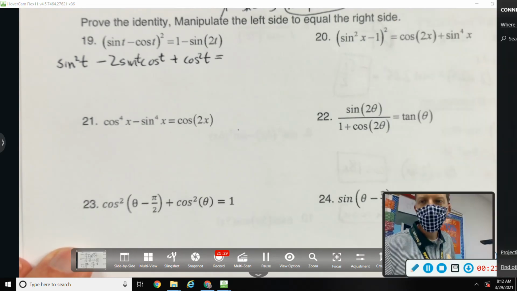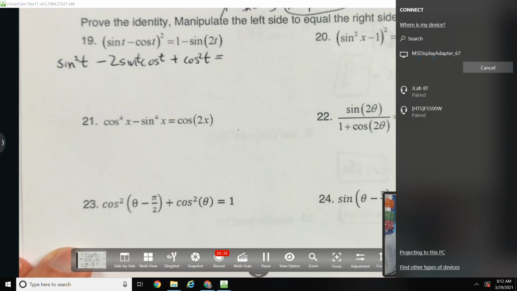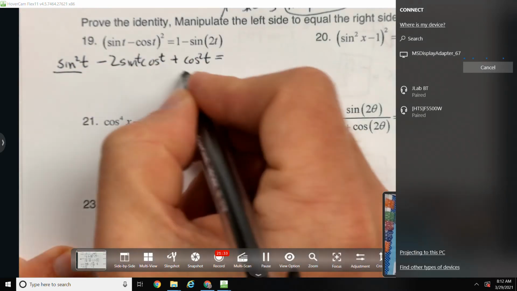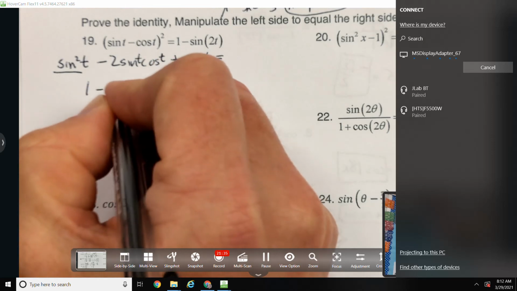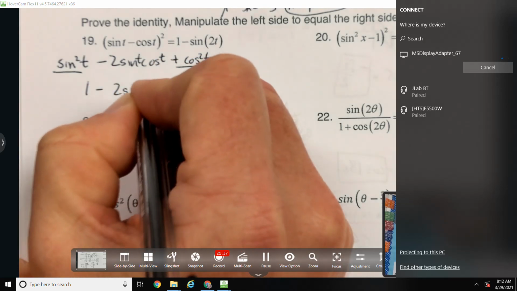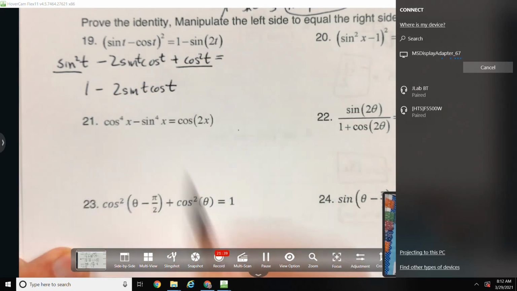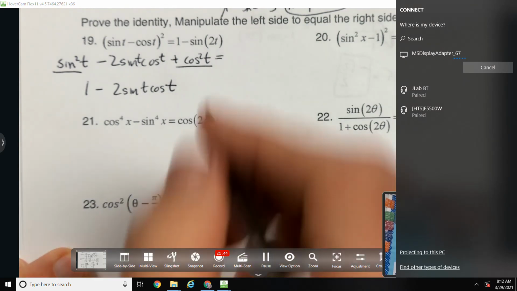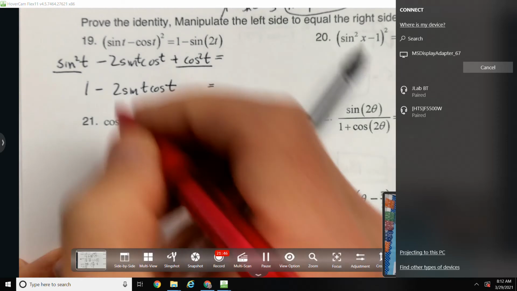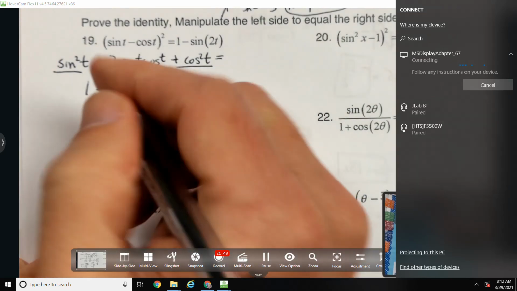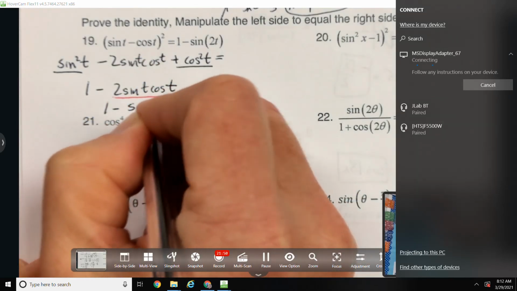And so I think that does it for you. You grab the sine squared plus cosine squared is 1. Oh, not quite there yet. But 2 sine t cosine t is sine of 2t.